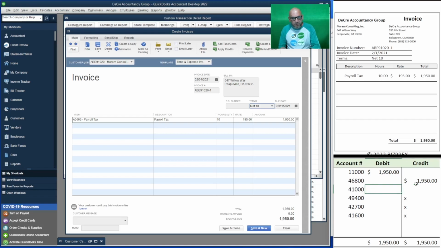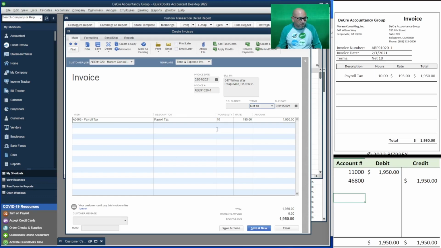Here it is. We can clean this out, not to confuse you. Now that we're done with booking our revenue, debits and credits are in balance. This amount right here is a debit to account 11,000. This amount right here is a credit to account 46,800, even though neither of these two accounts are shown here, but they're there.